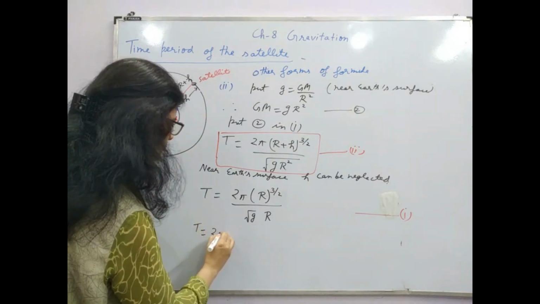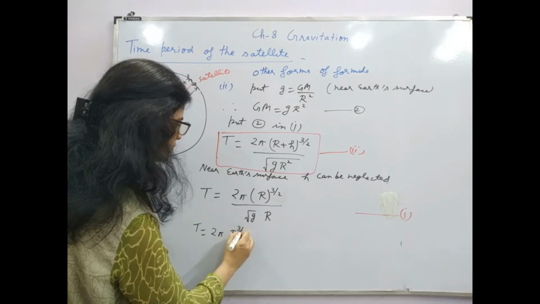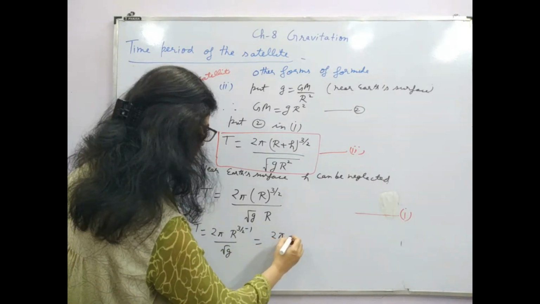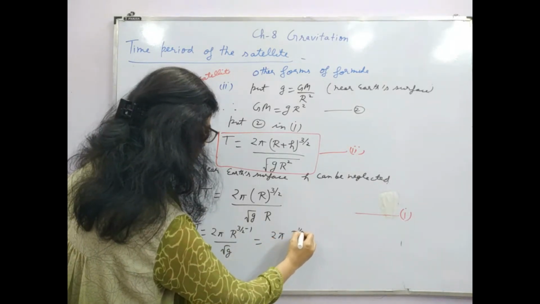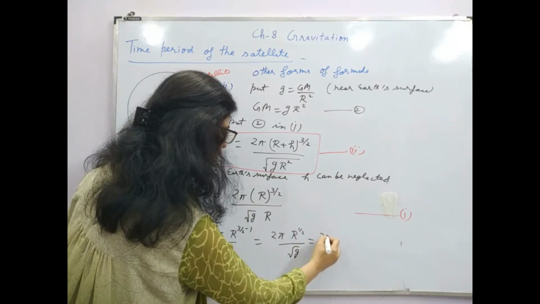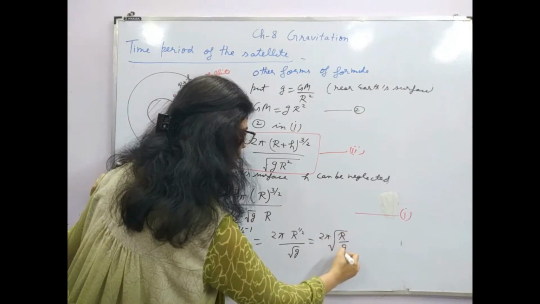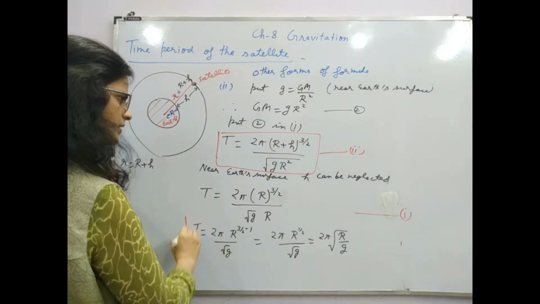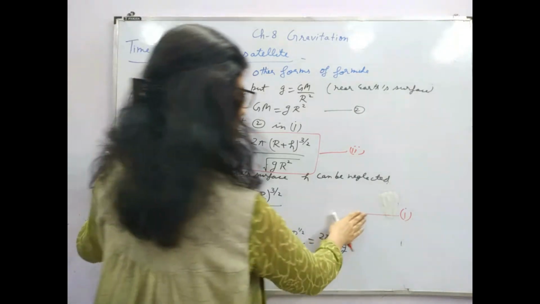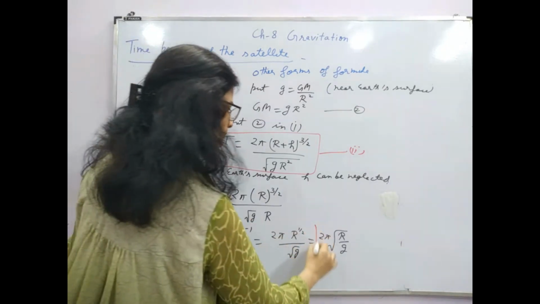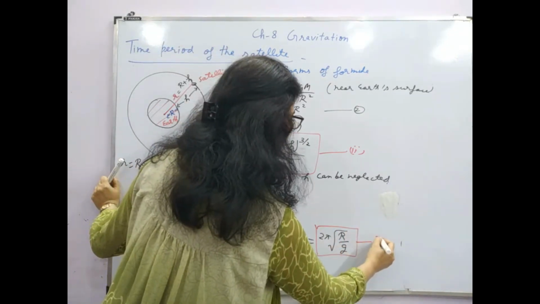So T is equal to 2 pi R to the power 3 by 2 minus 1 upon under root of g. So this gives me 2 pi R to the power 1 by 2 upon under root of g. This is 2 pi under root of R upon g. So this is another form. So I can mark this as the third form.